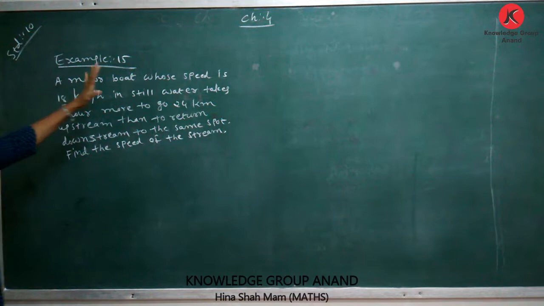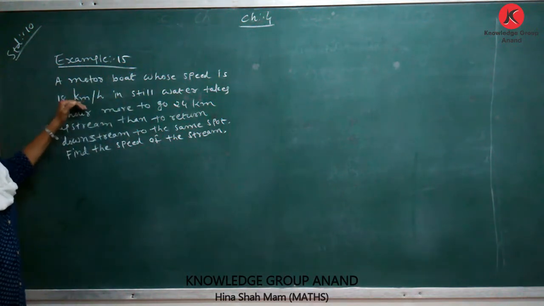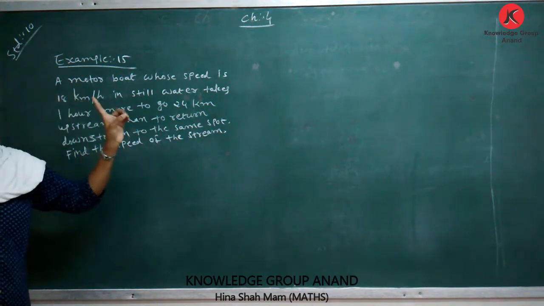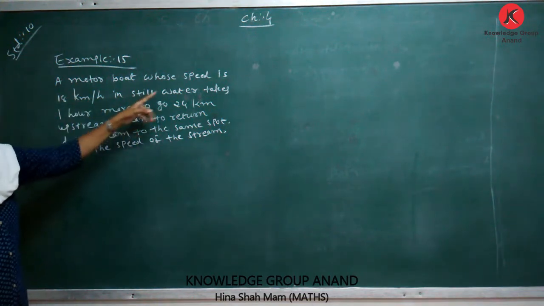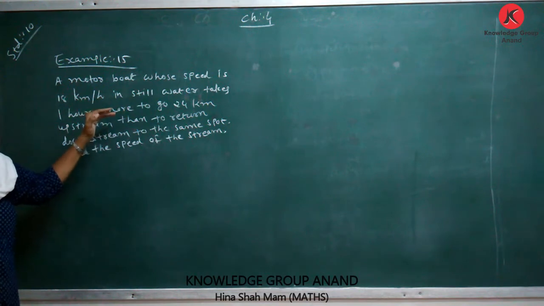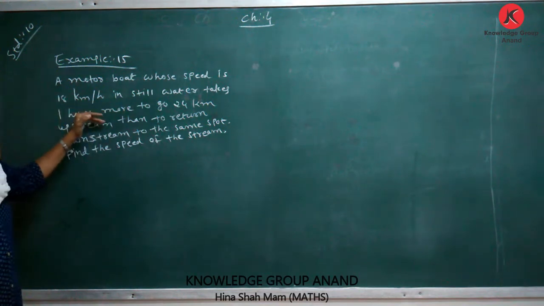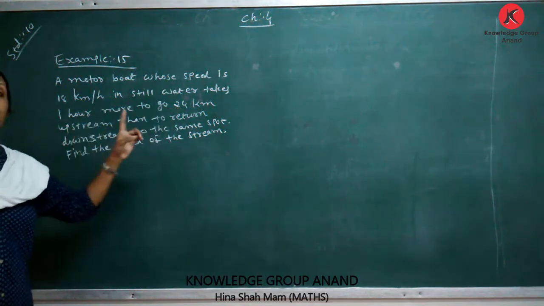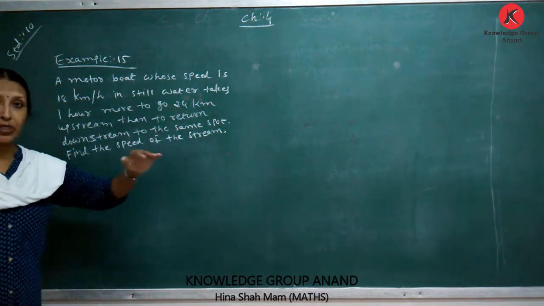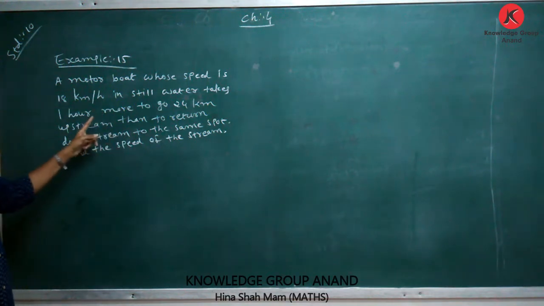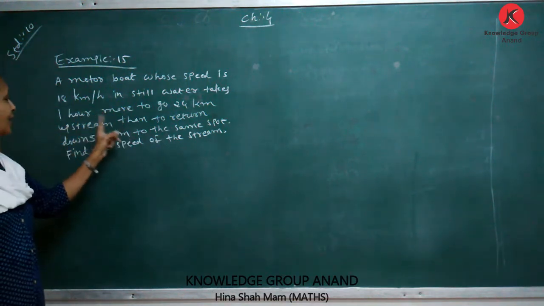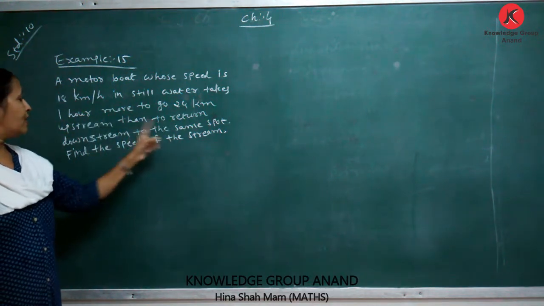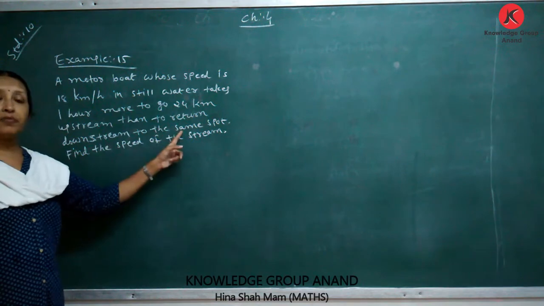A motorboat whose speed is 18 km per hour. Motorboat speed is 18 km per hour in still water. It takes 1 hour more to go 24 km upstream. Distance is equal to 24 km upstream. To go upstream, it takes 1 hour more than to return downstream to the same spot.